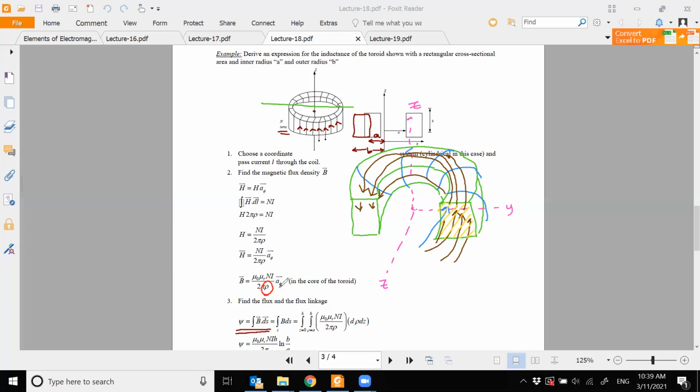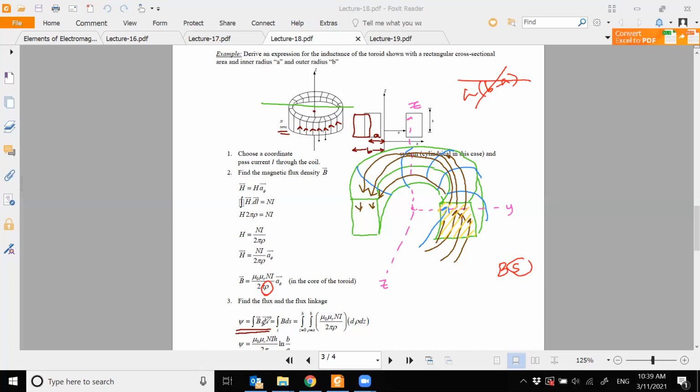So I cannot say that it is simply B multiplied by S. And what is your S? It is the height of this rectangle, which is h, and the width of this rectangle, which is b minus a. No, it is wrong. The area is not h times b minus a. This is wrong because here your B is not constant.